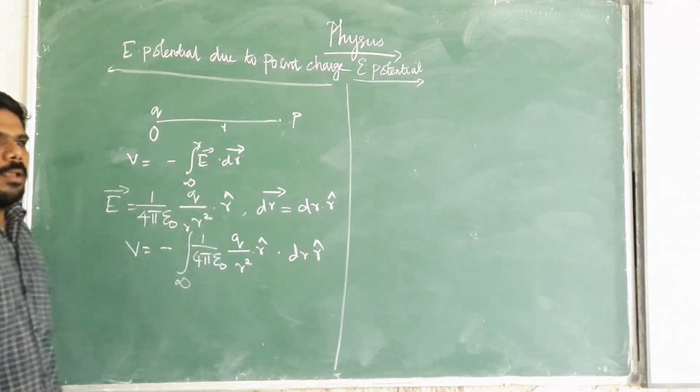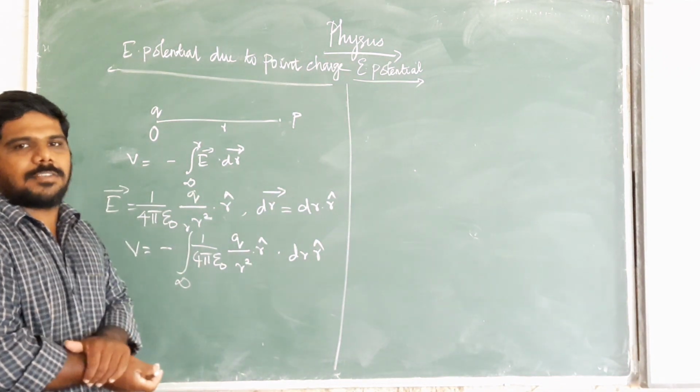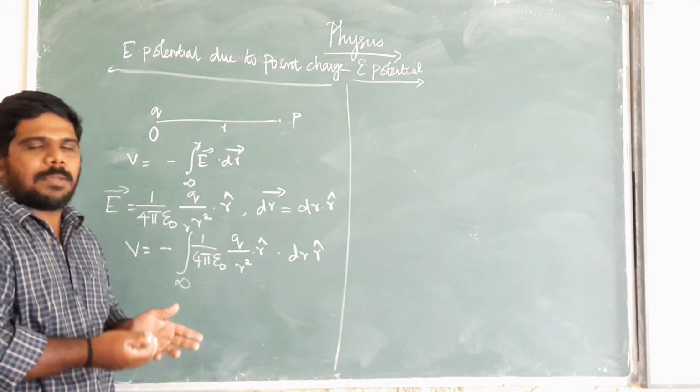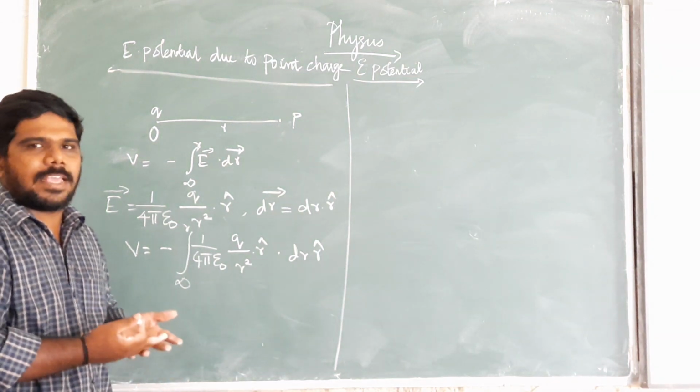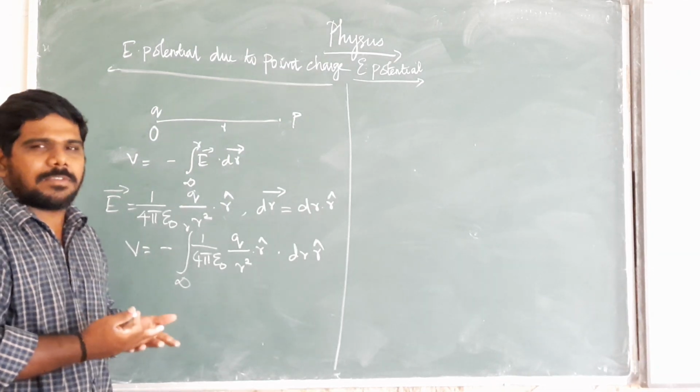So by unit vectors, the dot product gives i cap dot i cap is equal to j cap dot j cap is equal to k cap dot k cap is equal to 1.